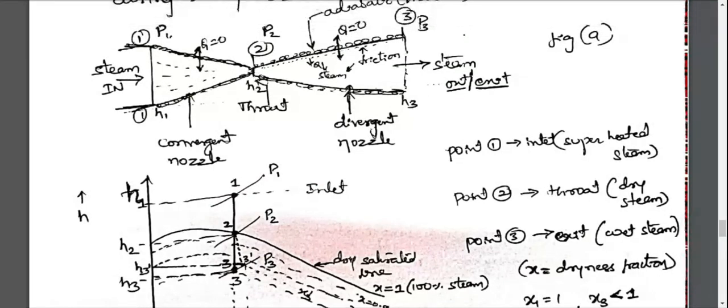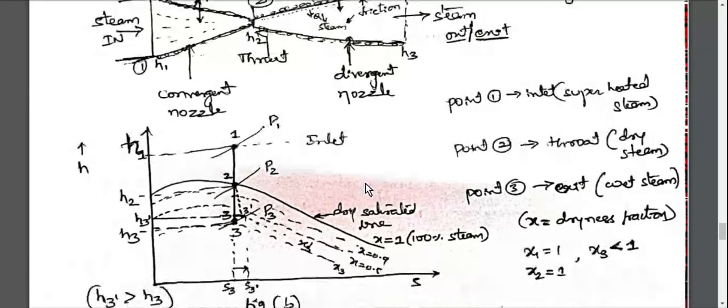It will not be superheated steam. The reason is, at point number 1 it is superheated, with high pressure and high temperature. Due to expansion between 1 and 2, the superheated steam will become dry steam. The value of x will be equal to 1 at point number 2.